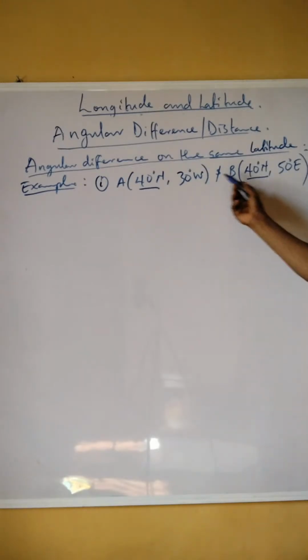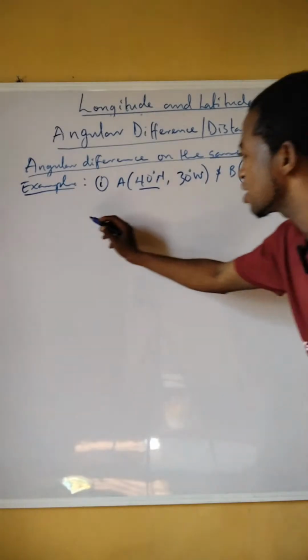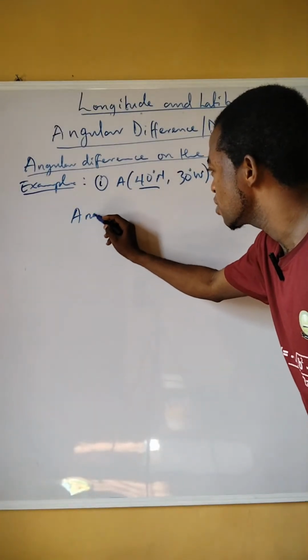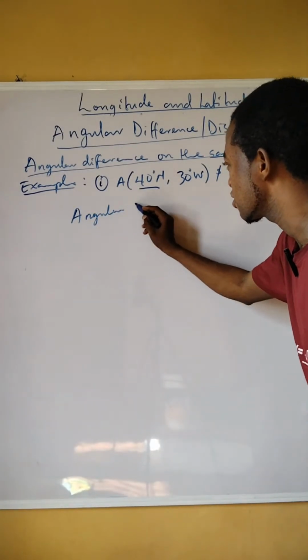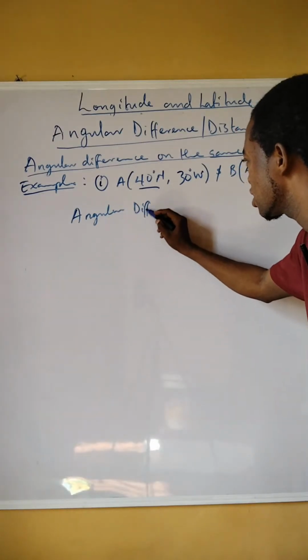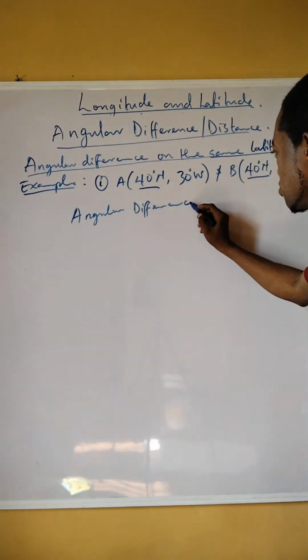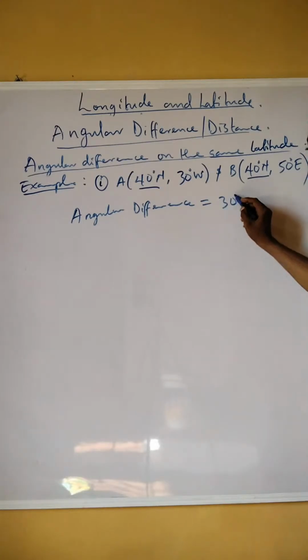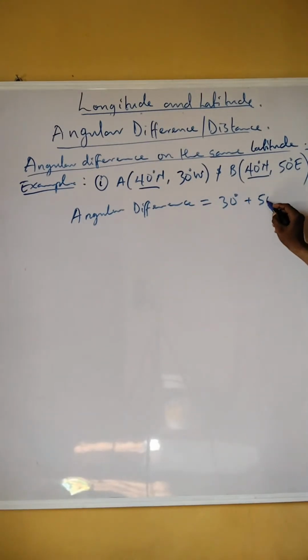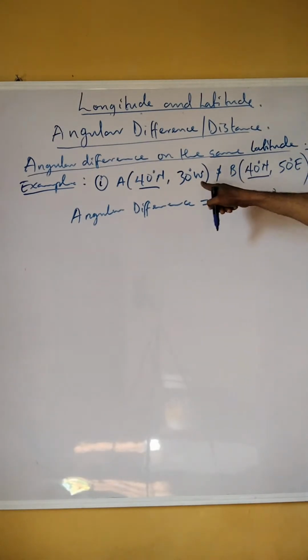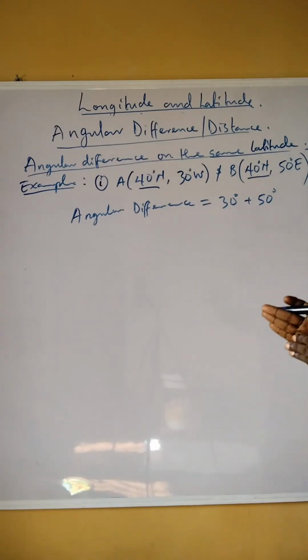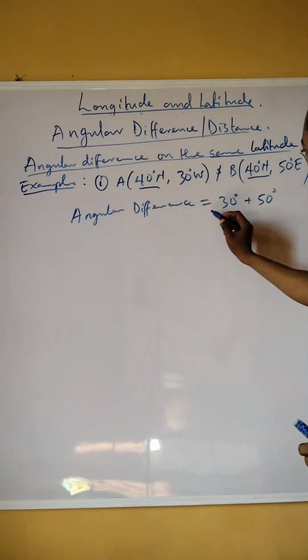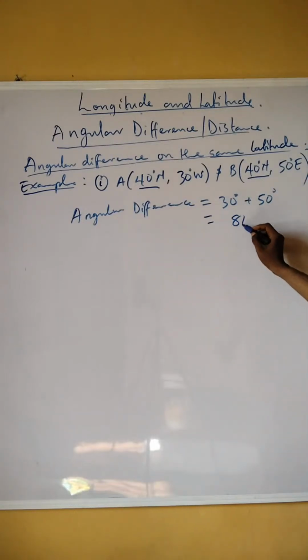So, different direction, we add. So we can just say that the angular distance here will only be equal to 35 degrees plus 50 degrees. Because here it is on the west, here it is on the east, different direction. So addition. This is equal to 85 degrees.